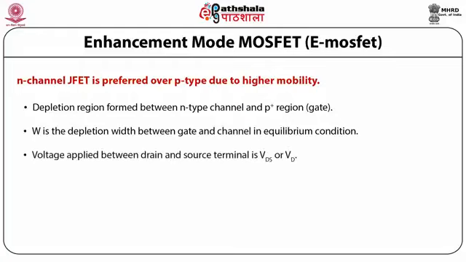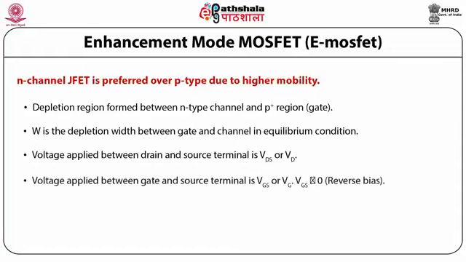The voltage which is applied between the drain and the source terminal is VDS, or we can represent it by VD. The drain is at positive potential with respect to the source. The voltage applied between the gate and the source terminal is VGS or VG. It is less than or equal to 0, reverse biased.